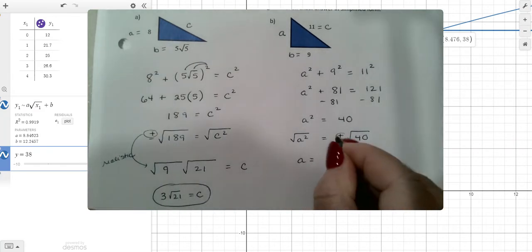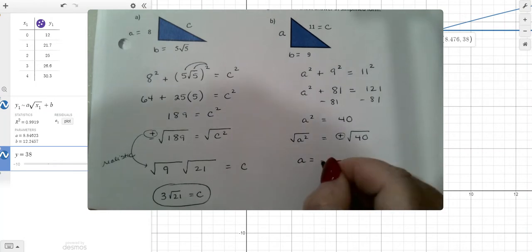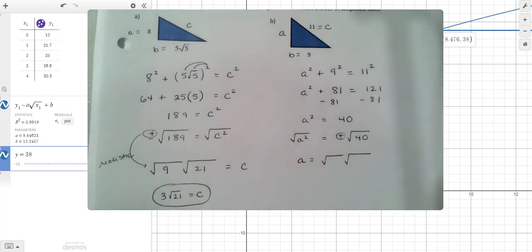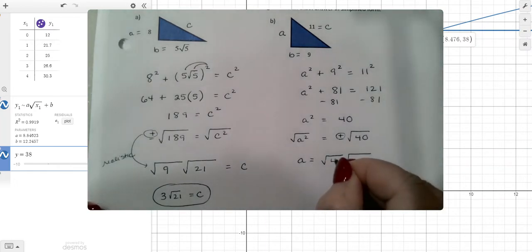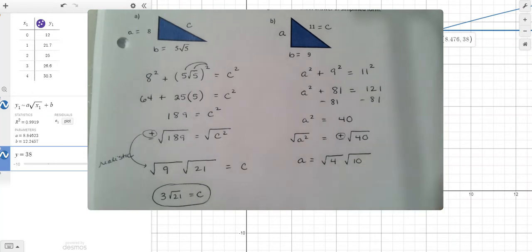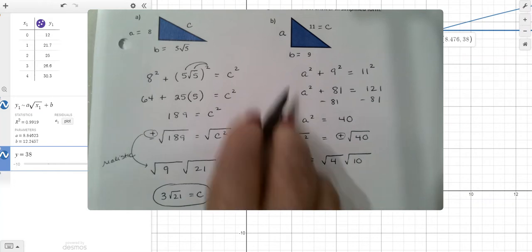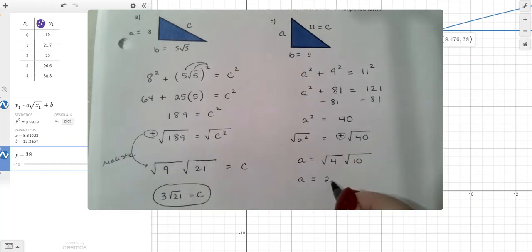So I'll keep that positive again. And can we break that radical down and simplify it? A perfect square that goes into 40 would just be 4. So 4 times 10. And we'll say that the A value of this side is 2 times the square root of 10.